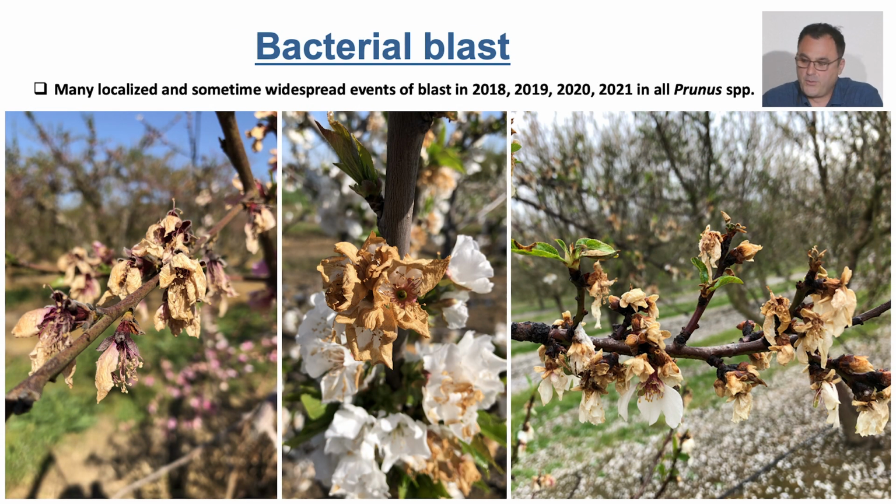You all recall we have a highly susceptible cultivar here in California. And so we had widespread, sometimes statewide, events of blast, and that was in the years 2018, 2019, 2020, and 2021. Basically not just almond, but all Prunus species were affected by blast.